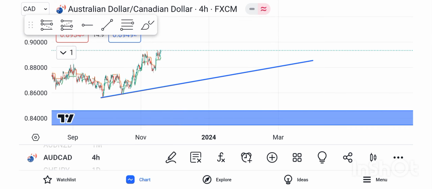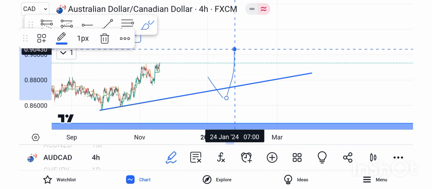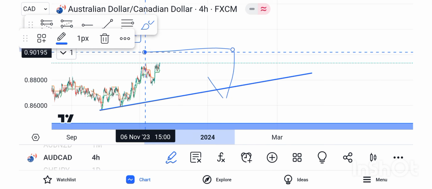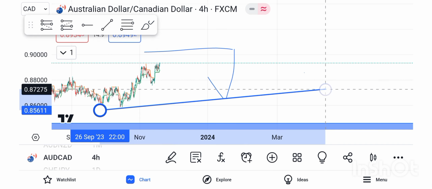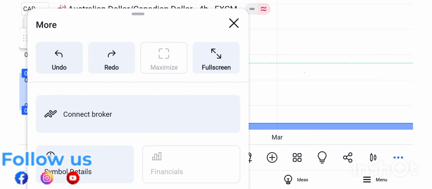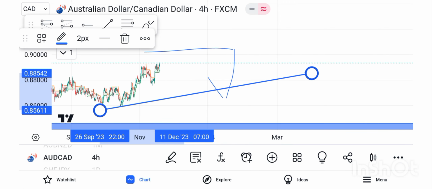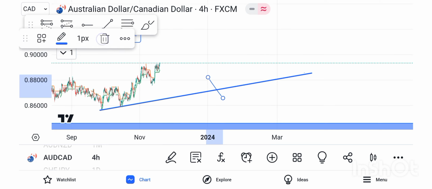The only time you have to change your trend line is if it breaks and then goes back up and creates a new high. Then you can adjust your trend line to accommodate the new structure. Otherwise, you just leave your trend line and be patient. Whenever the market is ready for you, it will give you the opportunity, and then you jump in.